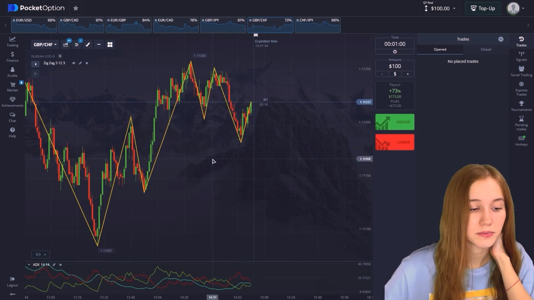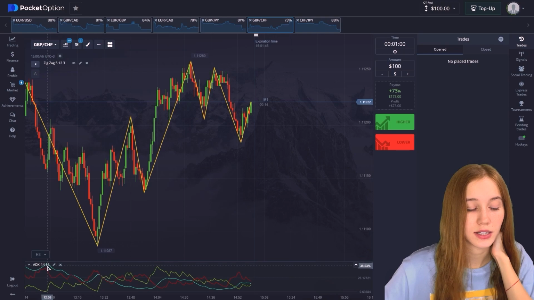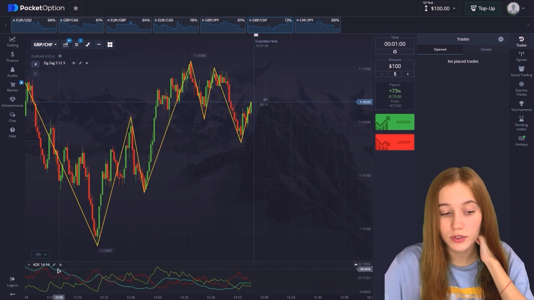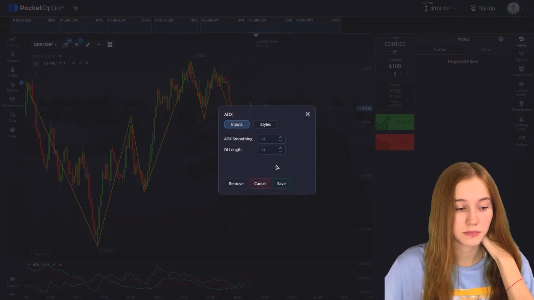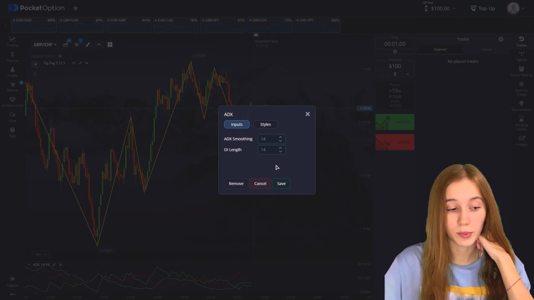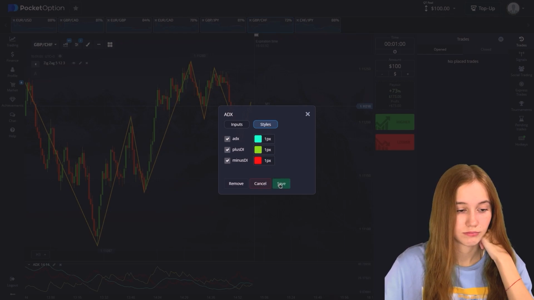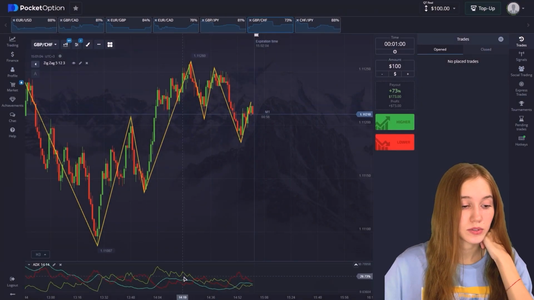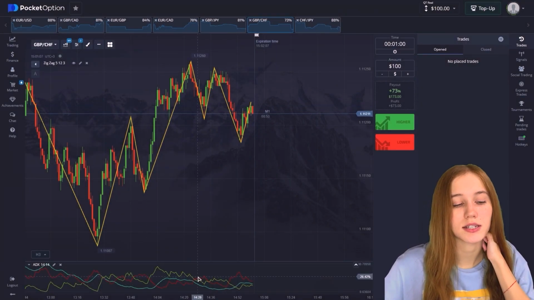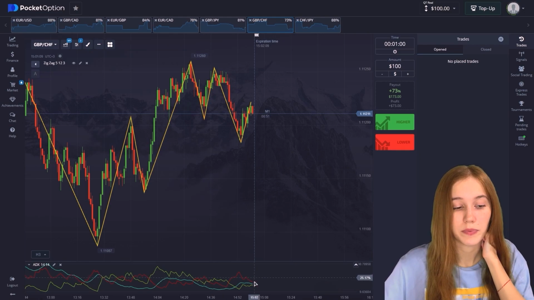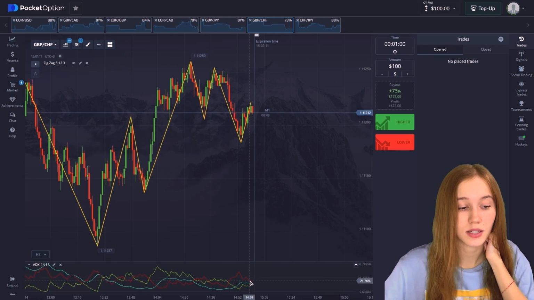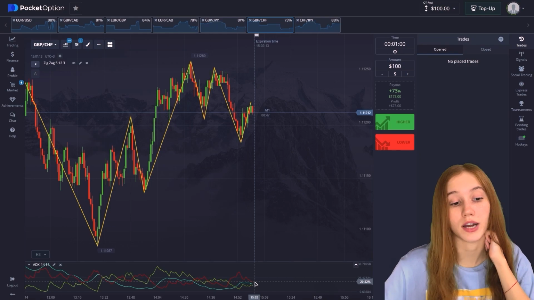Our second indicator is ADX. At the bottom of the screen, these are the settings. You can also copy them here. It shows the average distance between 2 components, the plus DI and minus DI red lines.